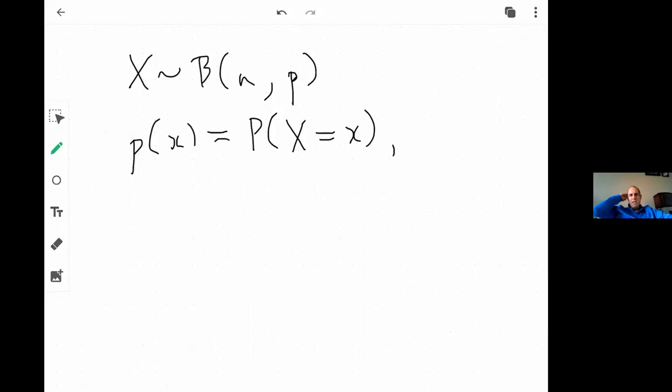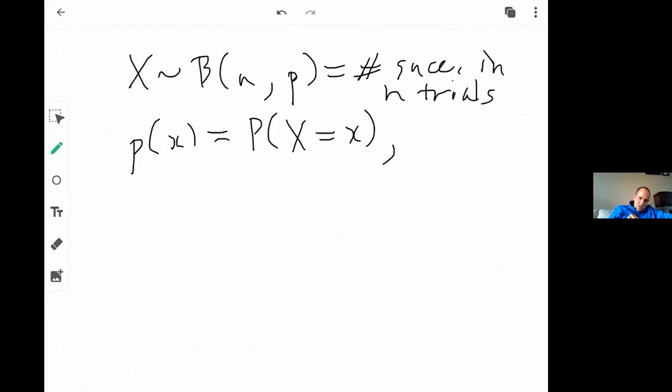Let's think about that for a minute. I could have 0 successes. Remember, X is the number of successes in n trials. So I could have 0, and all the way up to n possible things.